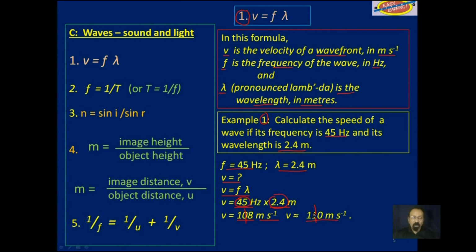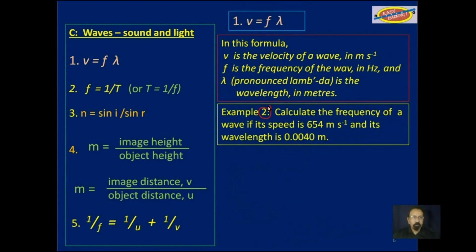We take half of the tens position, which would give us 5, and we can better express our answer as 110 plus or minus 5 meters per second. This is also correct, but this is the format that CXC wants. That's question 1, fairly simple.